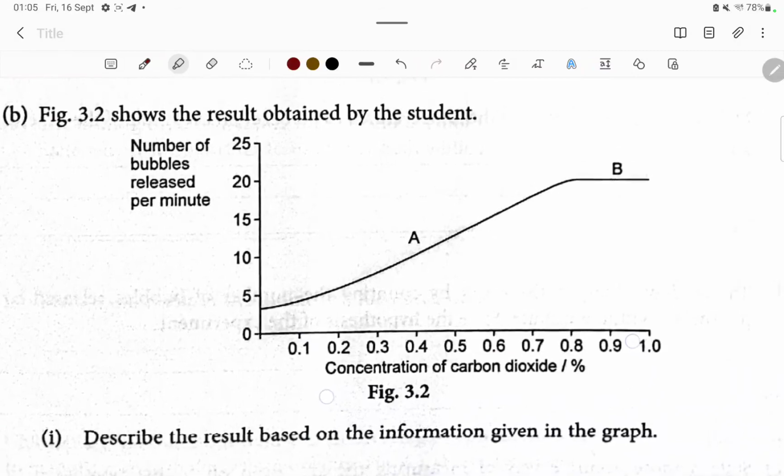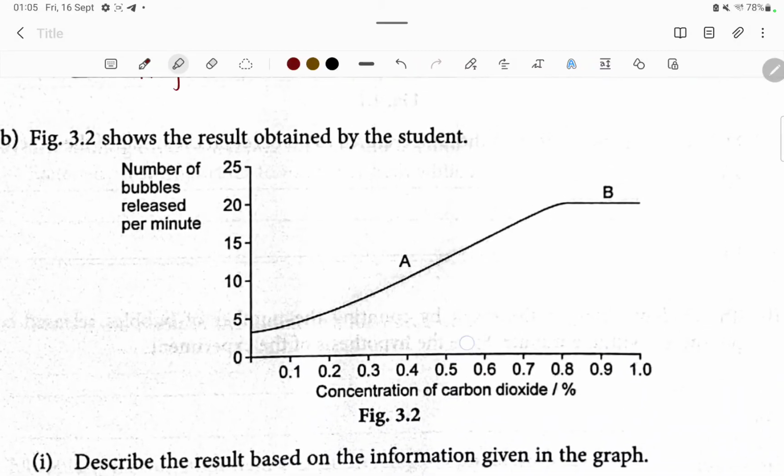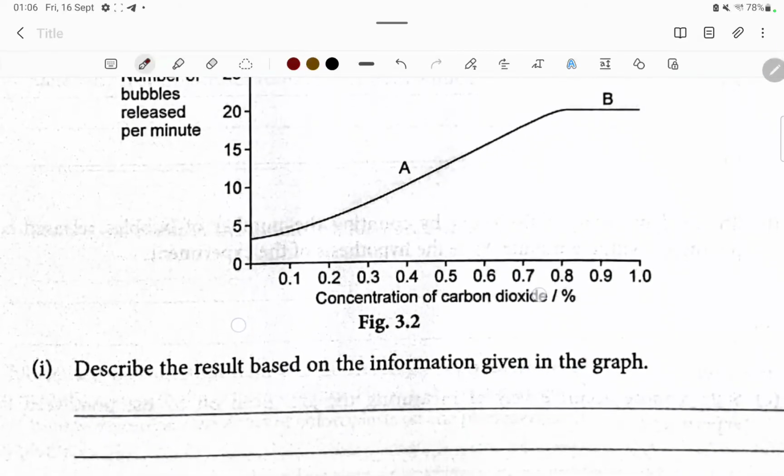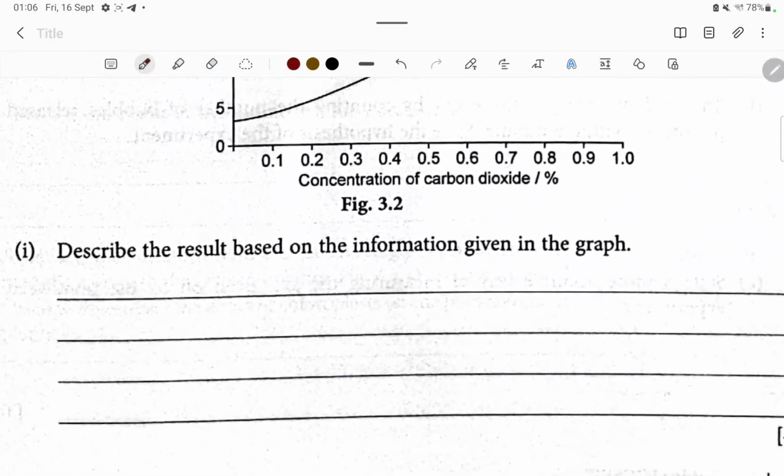So notice that the photosynthesis rate is actually increasing until a certain point becomes constant. So this one is they already reached the limiting factor lah. Okay, let's look at B1 lah. Describe the result based on information given in the graph.